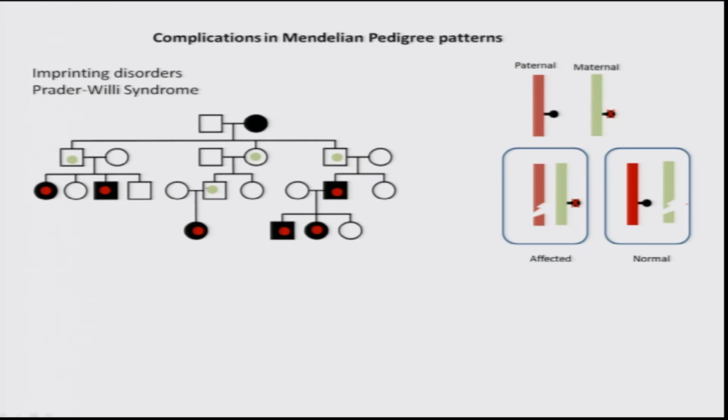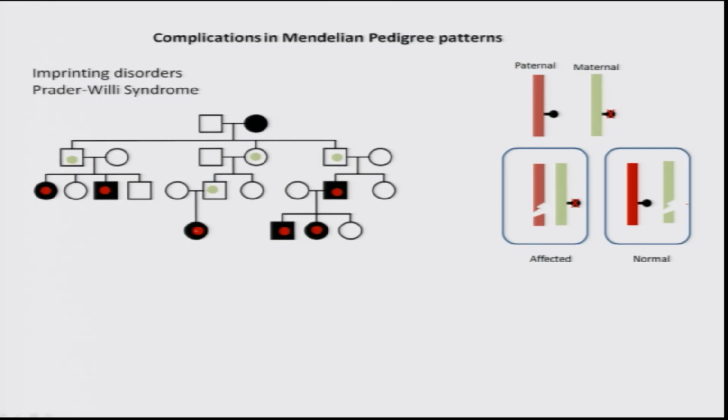Again the son is not affected because this is a maternal allele and it is silenced anyway. However, when it goes to the next generation, you see the disease coming up because this is the paternal allele that should be expressed here, since it goes from a male.